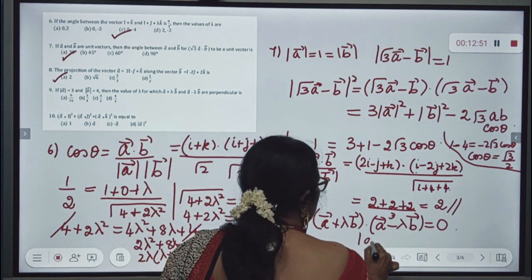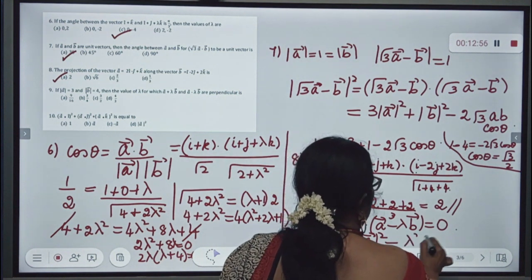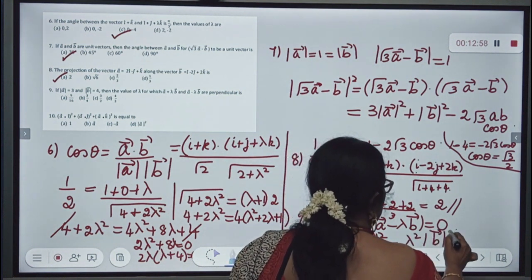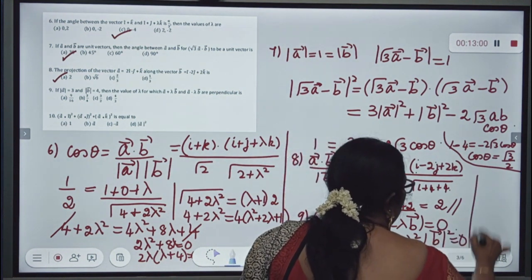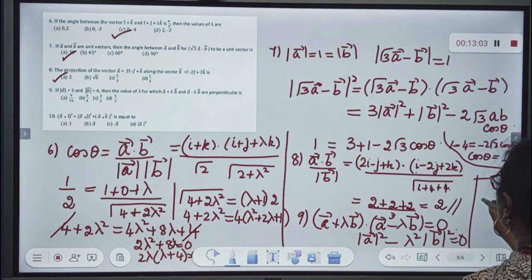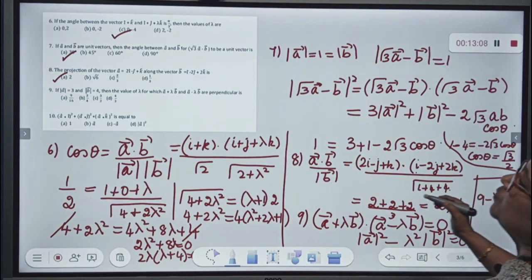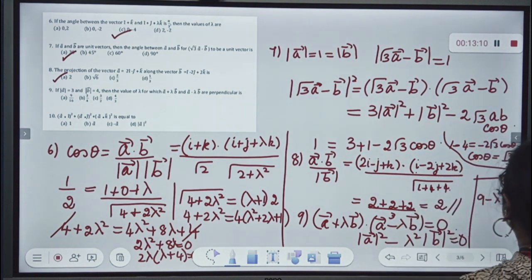Modulus of A vector the whole square minus lambda square into modulus of B vector the whole square equal to 0. Now what is A square? A square is 9. So 9 minus lambda square, what is B square? 16 into 16 equal to 0.